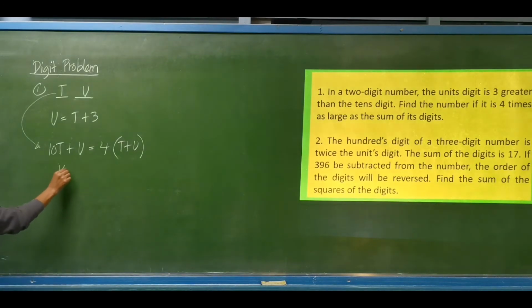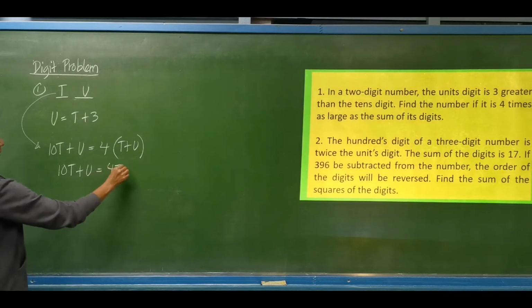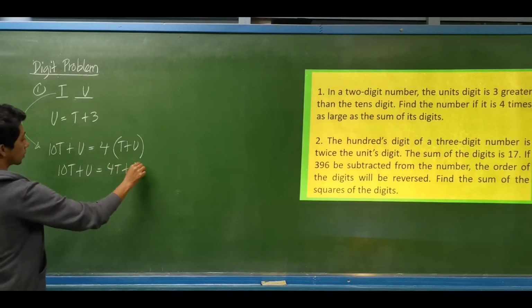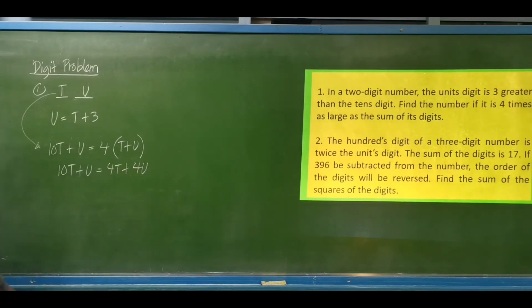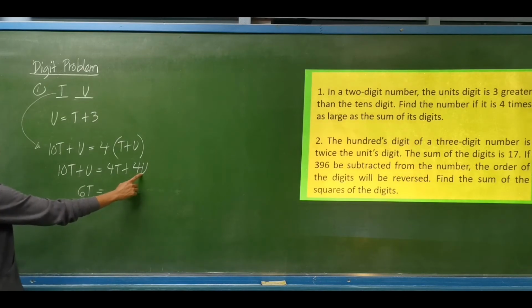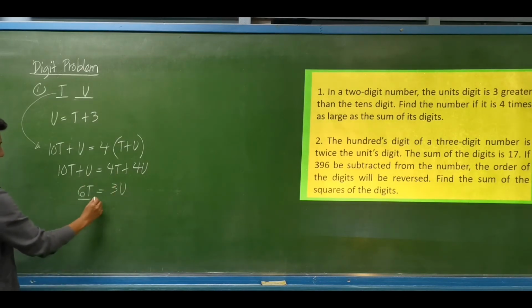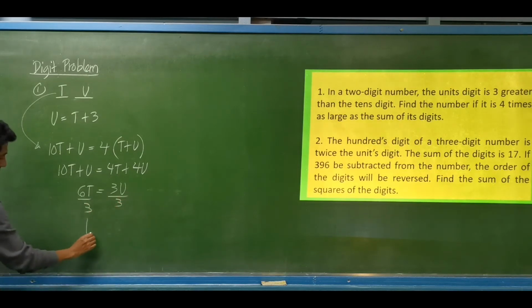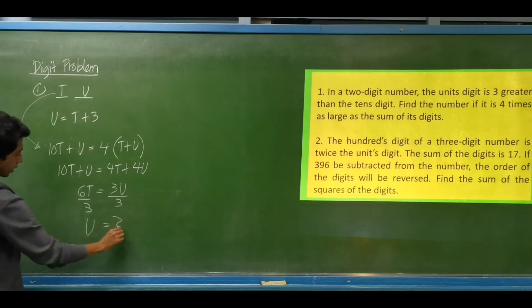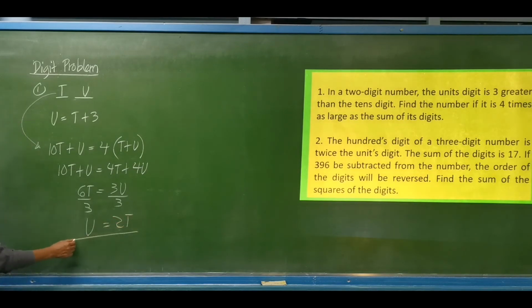This is the same as 10 times t plus u is equal to 4 times t plus 4 times u. So this is the same as 10t minus 4t is 6t equal to 4u minus u is 3u. So we may divide both sides of the equation by 3. Let's have the value of u as twice the value of t.